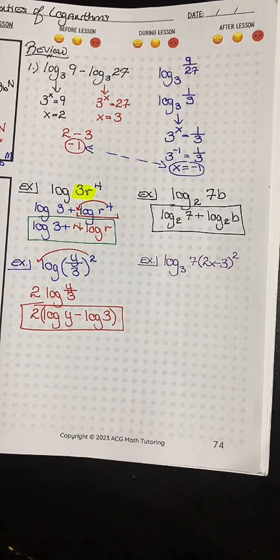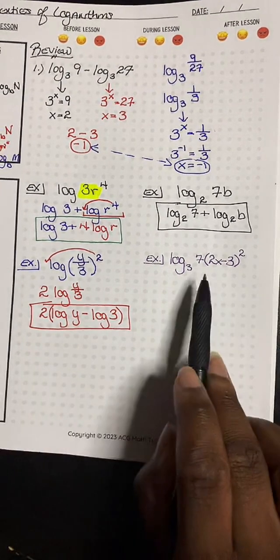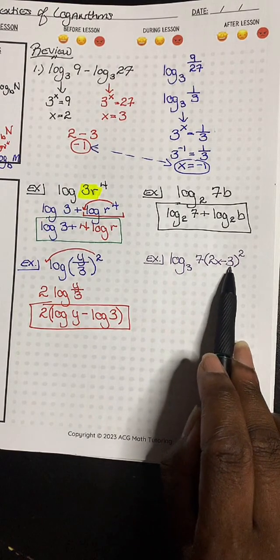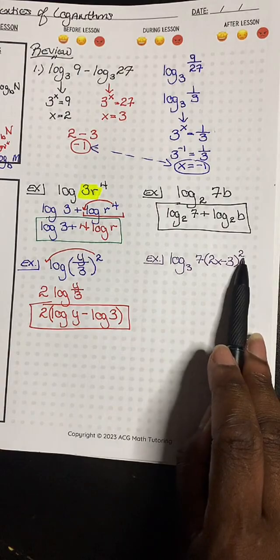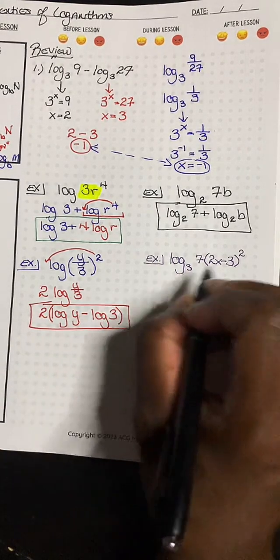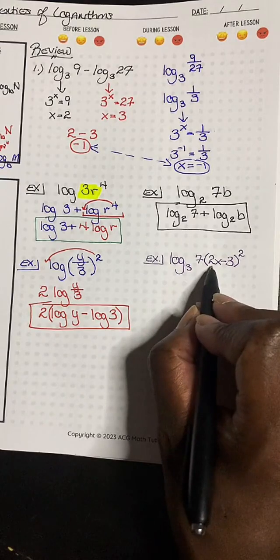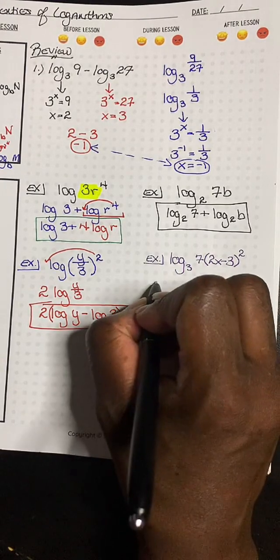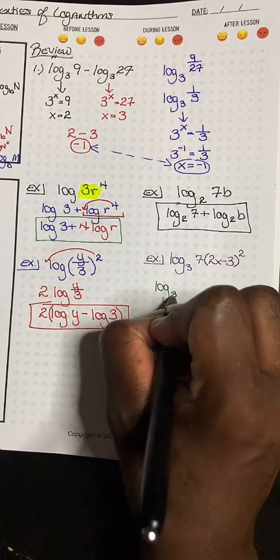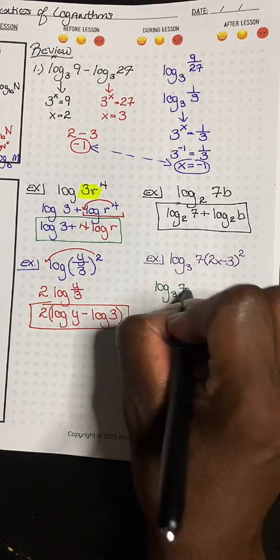All right, so let's take a look. So here we go. Now, we have 7 being multiplied to 2x minus 3, which is being squared. So if we split it, because this is multiplication, we're doing the product rule. So we have the log base 3 of 7. I think a lot of us got that.